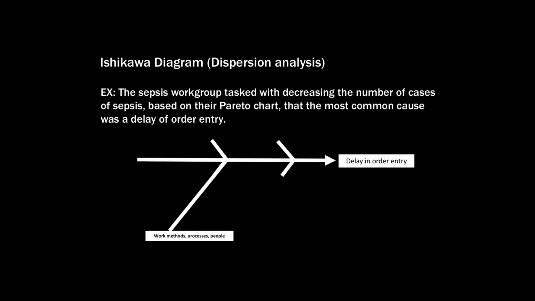And they asked themselves why that might be. And they recognized that the degree of staff experience impacted the time to order entry. And they dug a little bit deeper, and they found that the problem was due to a variation in the appropriate training that surrounded the optimal type of antibiotic to give and the dose of antibiotic that should be given to the patient.